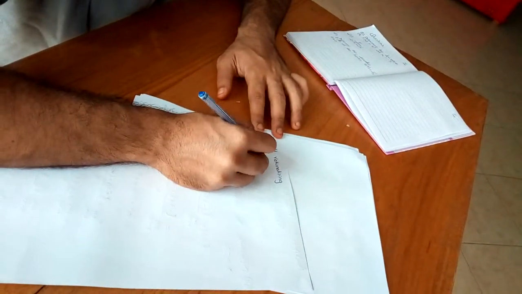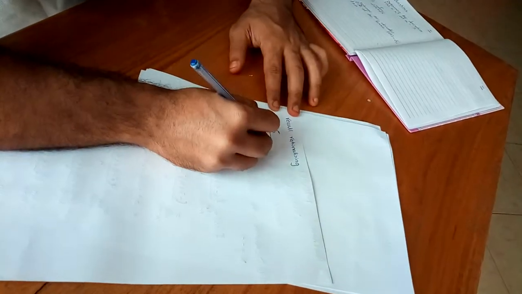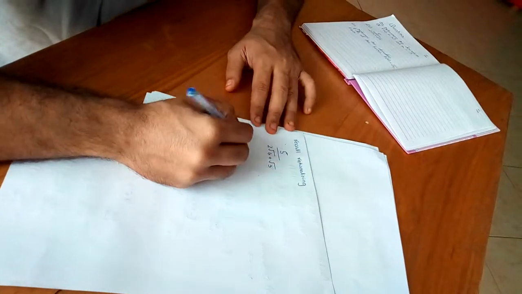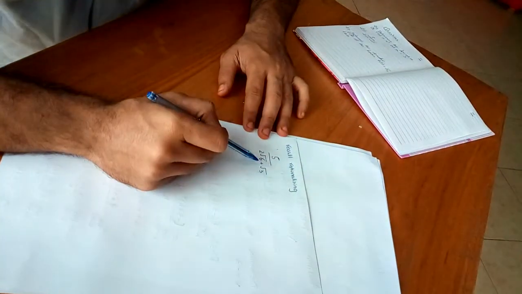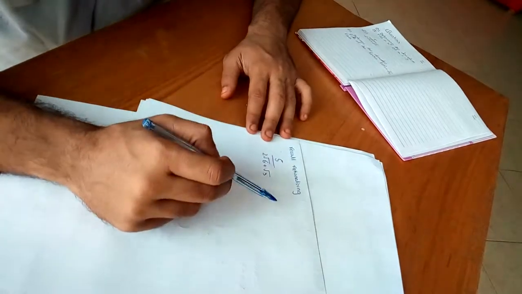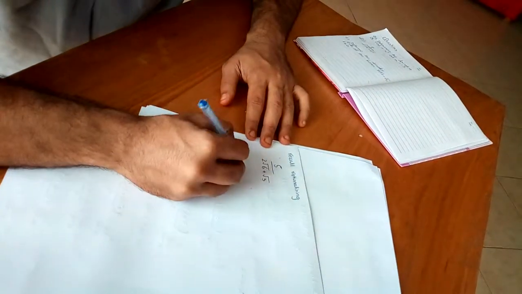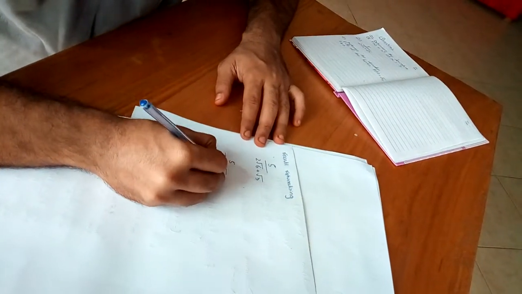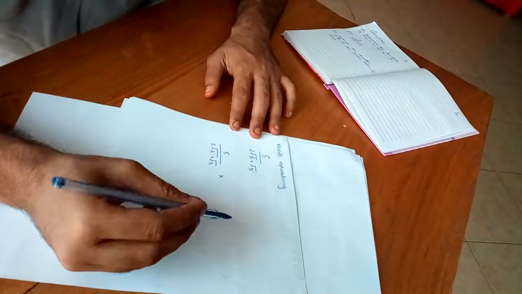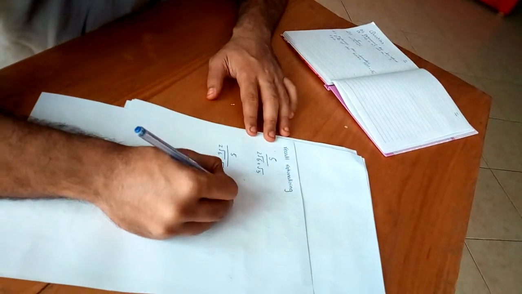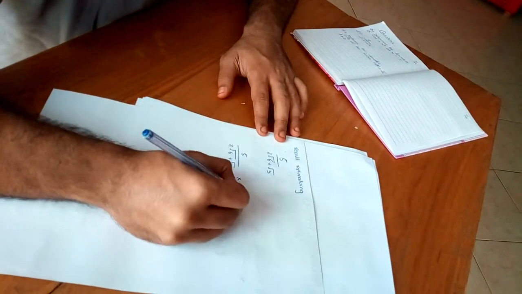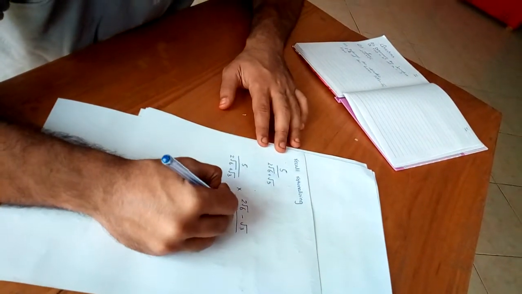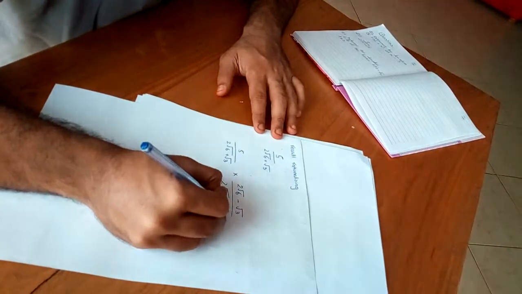So the question is 5 over 2 root 6 plus root 3. In this one, we will multiply the numerator and denominator both with the conjugate of the denominator. So it will become 5 over 2 root 6 plus root 3, multiplied with the conjugate of the denominator, which is 2 root 6 minus root 3 over 2 root 6 minus root 3.